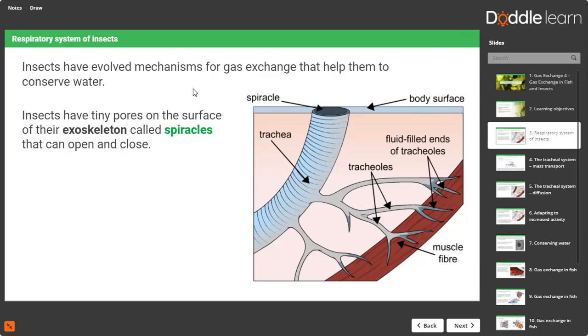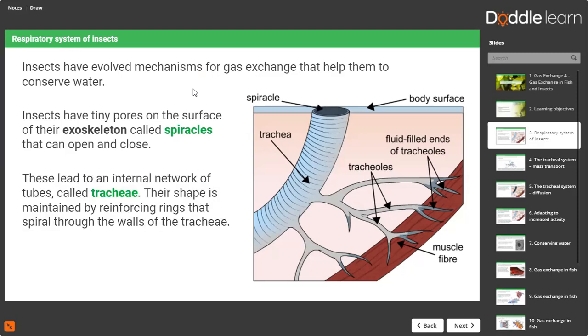I guess in a similar way to a stomata, if you want to link it to something. But yes, the spiracle is able to open and close, and it's on the surface of their exoskeleton. Now, these spiracles lead to an internal network of tubes called trachea, in a very similar way to our trachea in our body.